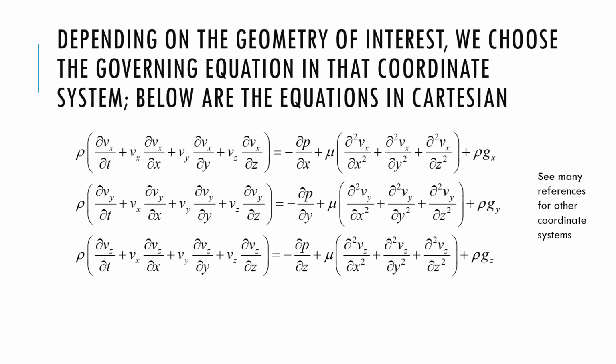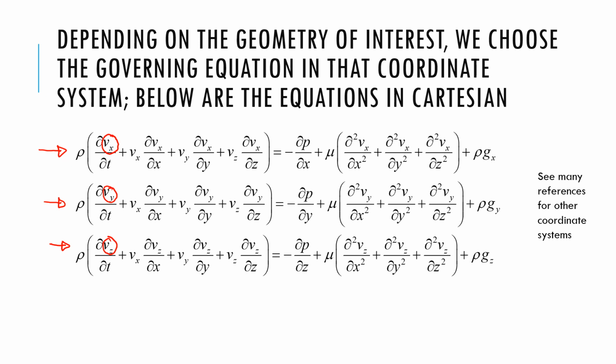So here we have written the equation for all three components: velocity in the x direction, velocity in the y direction, velocity in the z direction. So far we had only derived this one, but a similar force balance can be done in y direction to get this one, and in z direction to get this one.